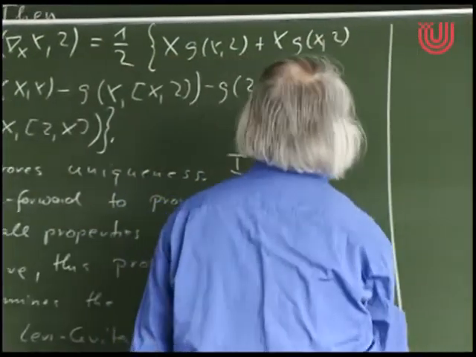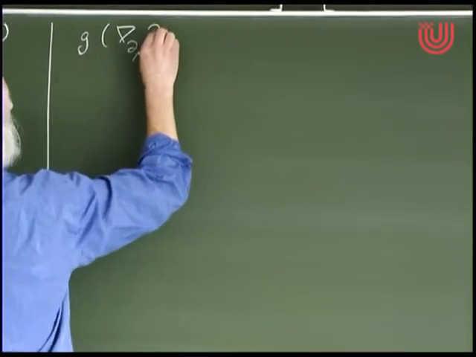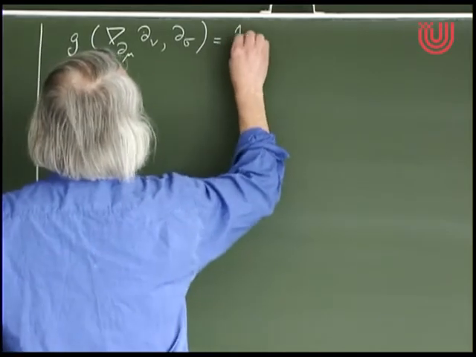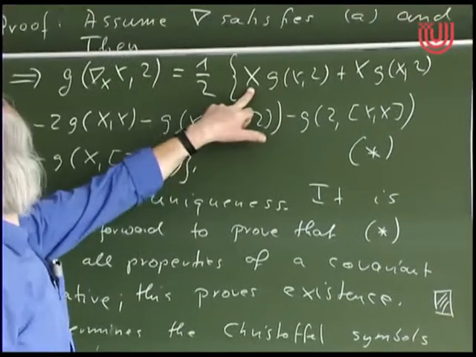So I have to calculate what is this here. If I introduce here d mu, d nu, d sigma, say, what do I get on the right-hand side? I get 1/2 times what? So the x is now d mu, right?